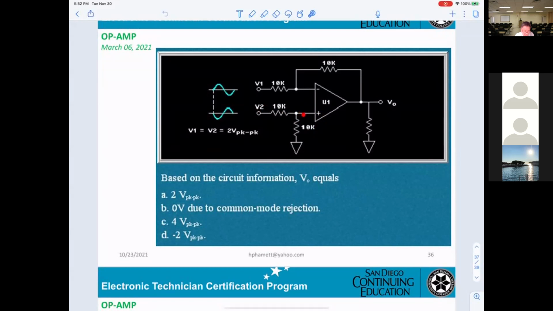And if you want to calculate the V out for V2 input here, what is the gain?